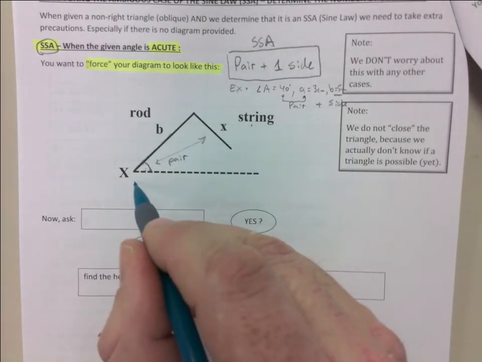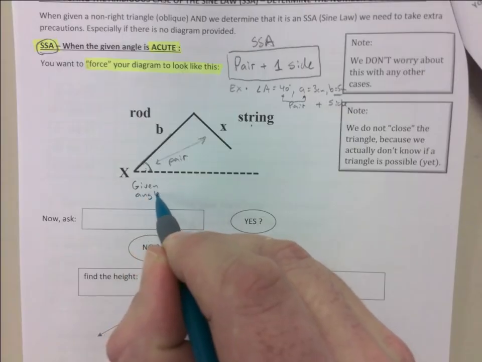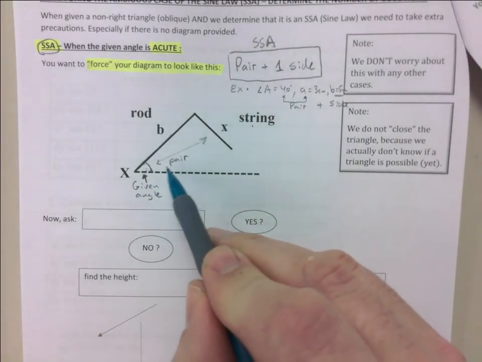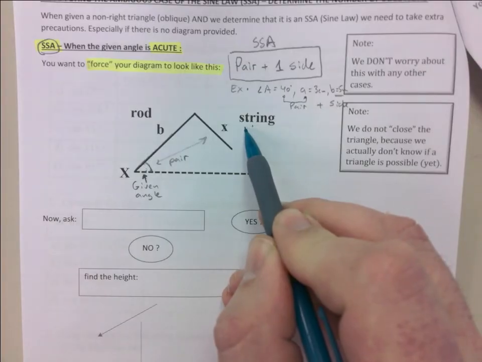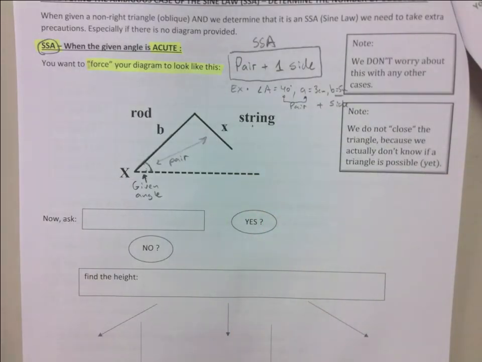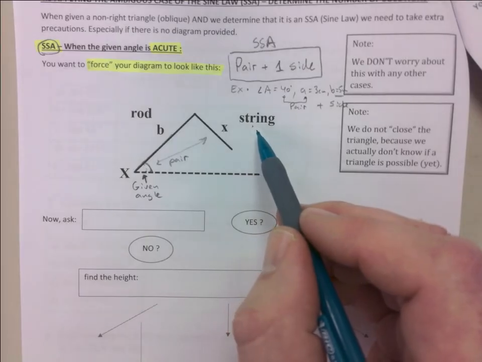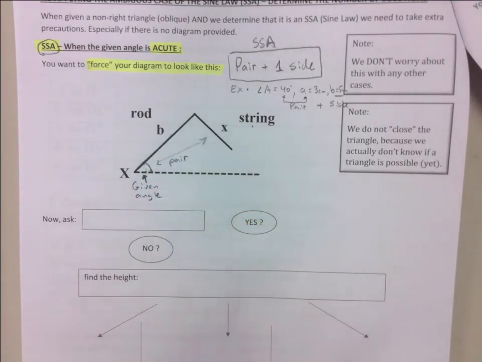So the given angle goes here, and then you've got the side that is across from it over here. We call that the string. And the other side is the rod, the fishing rod.